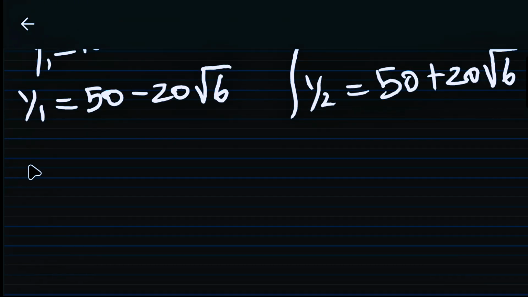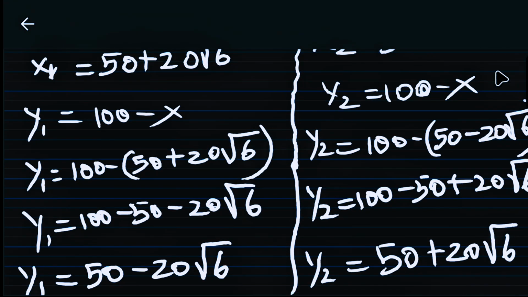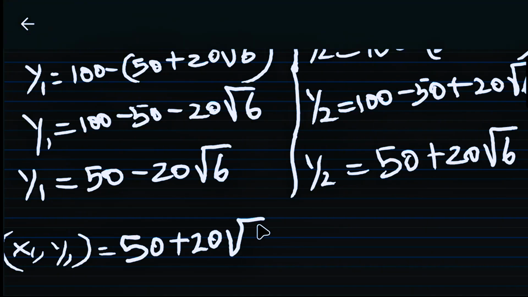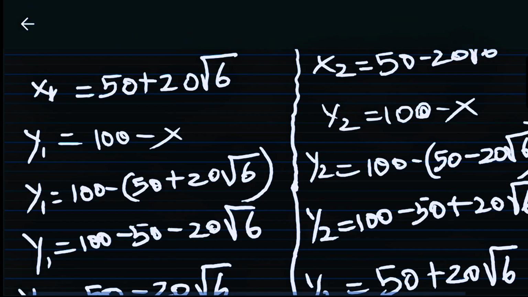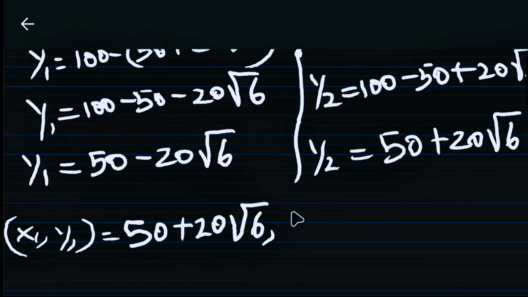Okay, so x1 comma y1, let this be in parentheses. Then this will be equal to our x1, which is 50 plus 20 square root of 6, and y1 is 50 minus 20 square root of 6.